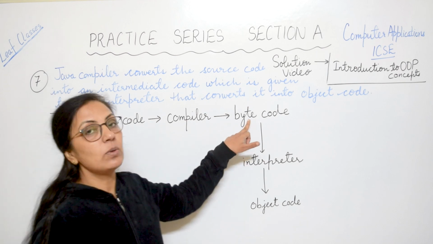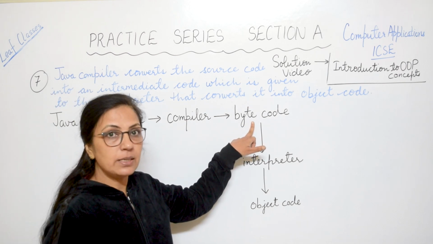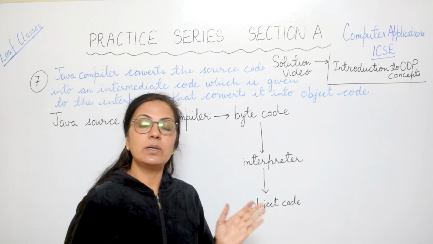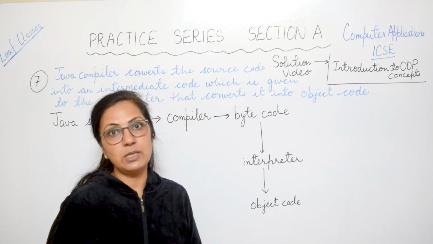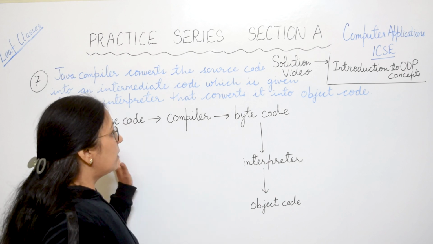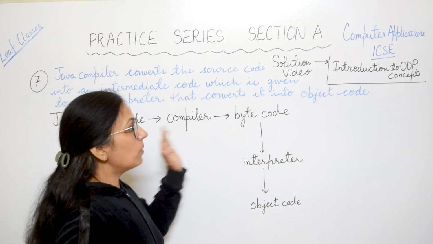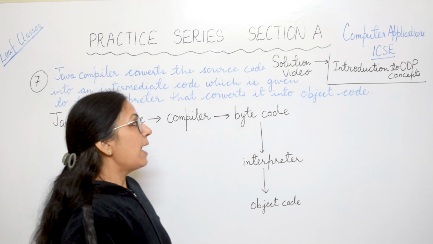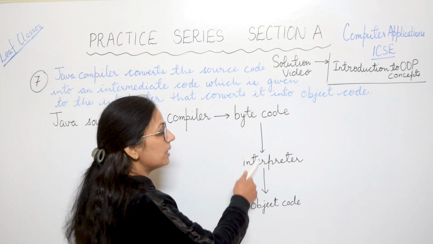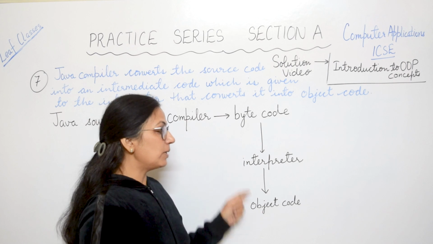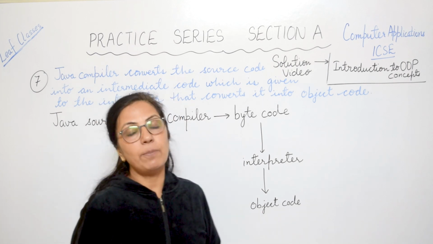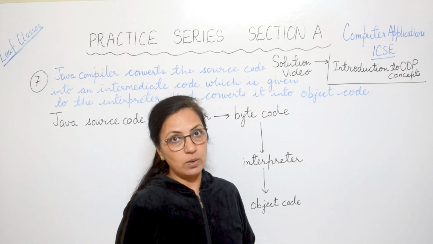That code is known as bytecode, right? So here the compiler does not directly convert the source program into machine code. It converts the source program into an intermediate code known as bytecode, and then this bytecode is given to the interpreter, which converts that into object code depending upon the system on which you are working.